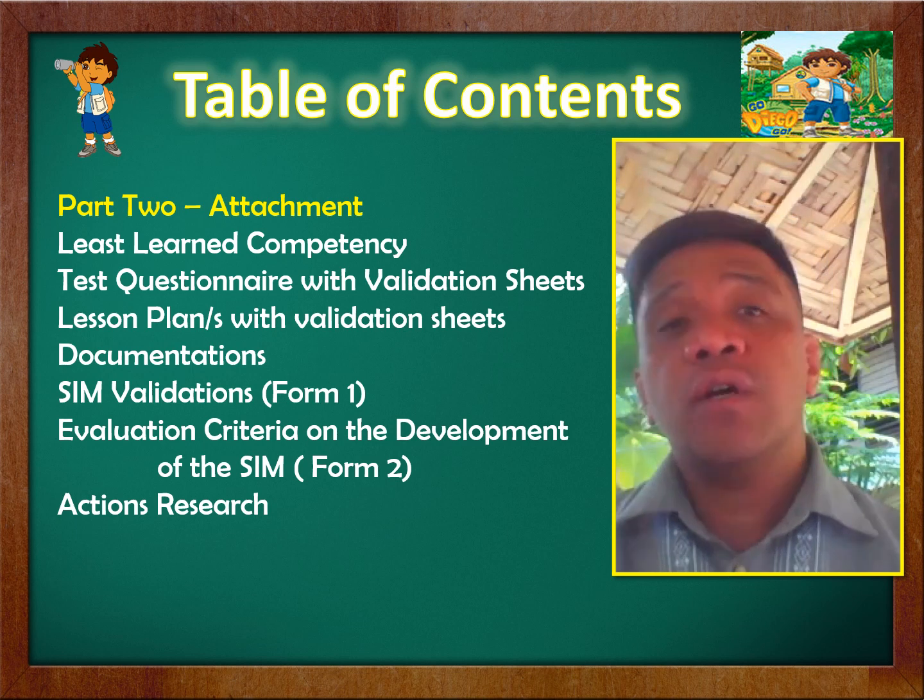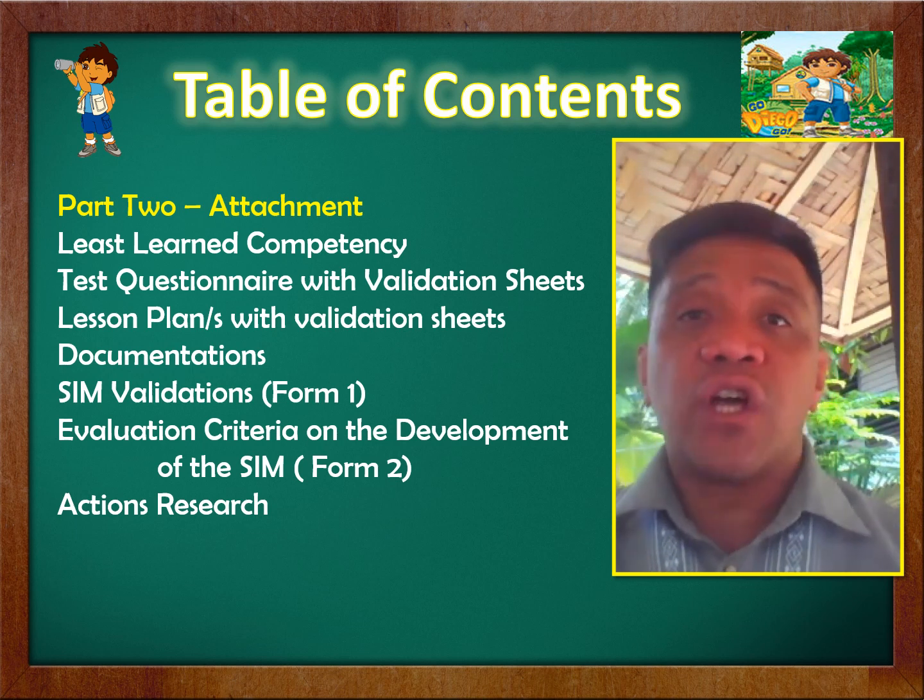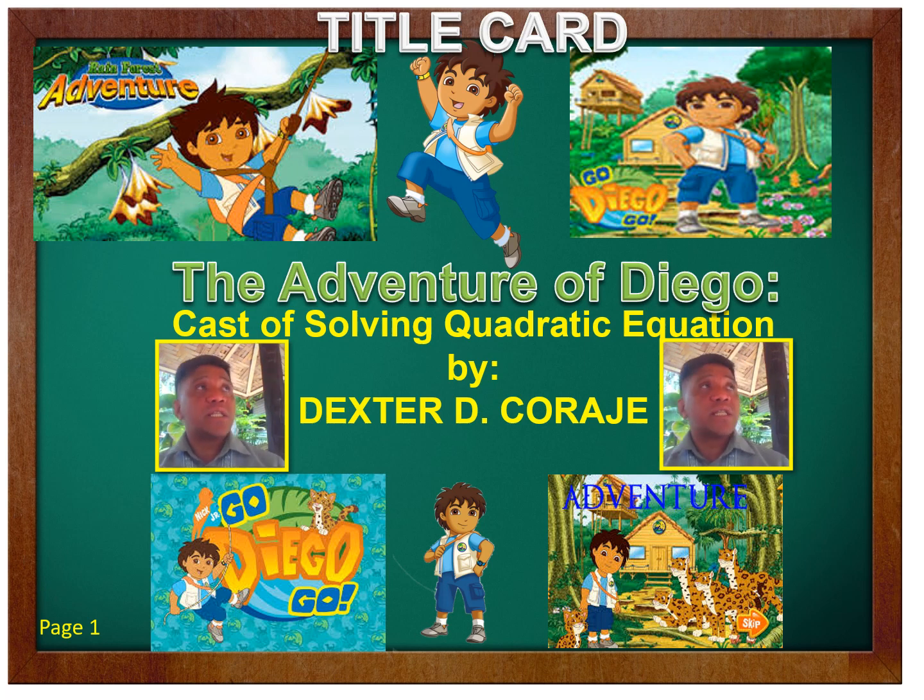The other one, part two, would be the attachments involving these strategic materials. This is now the title card presenting The Adventure of Diego. I consider this the most interesting part because I am glad and grateful to work on improving the skills of our learners nowadays.